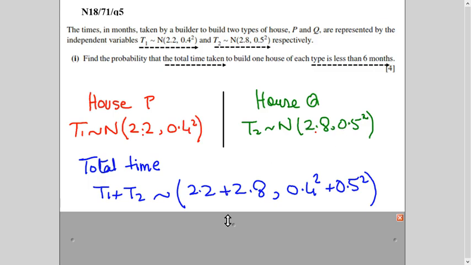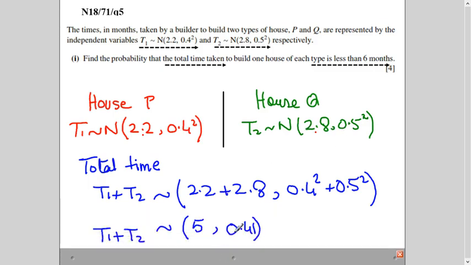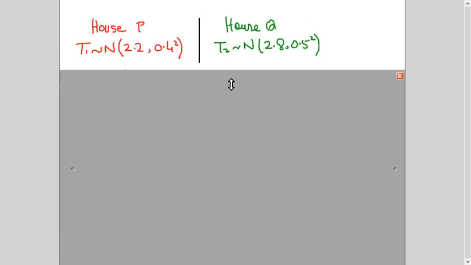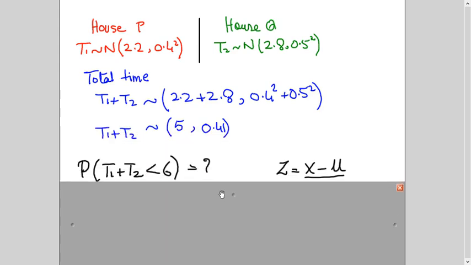So you will get your new parameters from here, 5 and 0.41. The question is saying the total time taken is less than 6 months. So what does it mean? It means T1 plus T2 is less than 6. So this is the whole question.